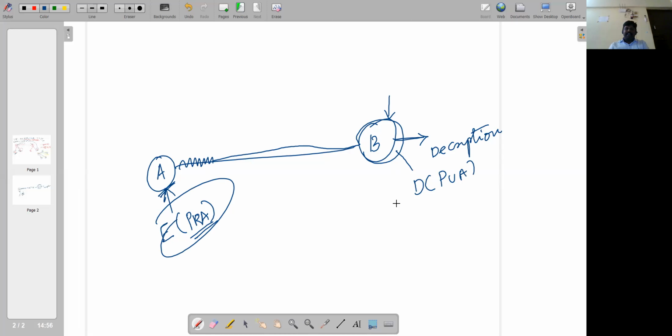It is the public key of one user, which can be shared with all other users, as I explained earlier. One user's public key will be known to all other users. So when you are using the sender's private key for encryption and the sender's public key for decryption, this technique provides authentication.